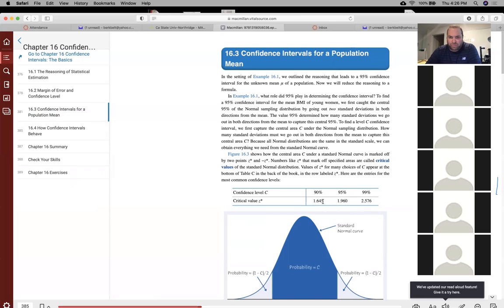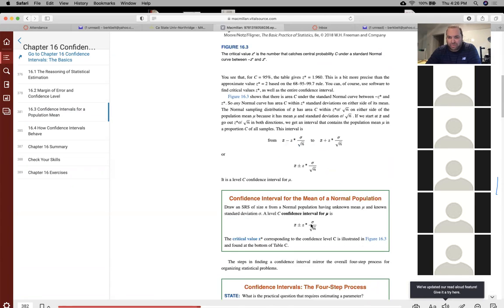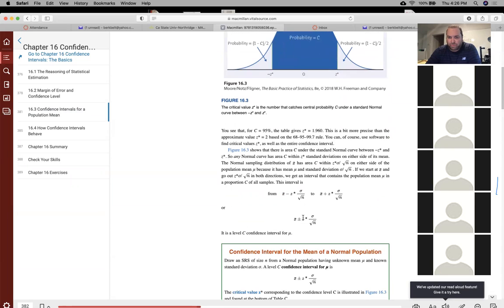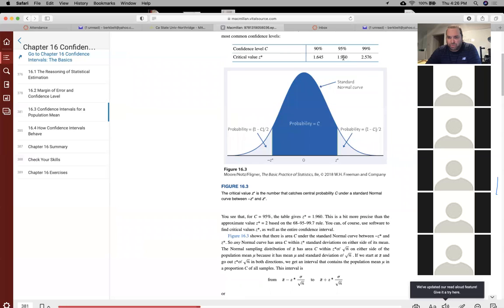Well, these are just the numbers that you use for different levels of confidence. So if I tell you that you're dealing with a 90% confidence interval, then the Z star that appears in your formula, you're just going to use 1.645. And if I tell you that you're using 95% confidence, then the Z star that appears in your formula is just going to be 1.96. And if I tell you that you use 99%, just 2.576.